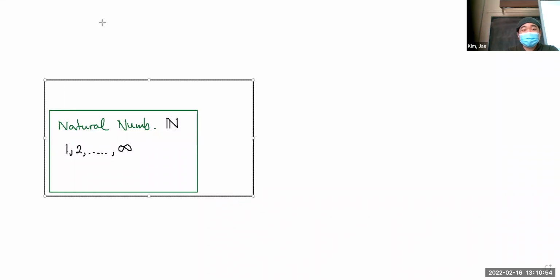Yeah, 0 is after. So after natural numbers, we have what we call the whole numbers. And what is that? That is the concept of 0 being introduced. So let's say, when you're younger, you're just learning, you're just memorizing, you're absorbing everything like a sponge because everything is new to you.